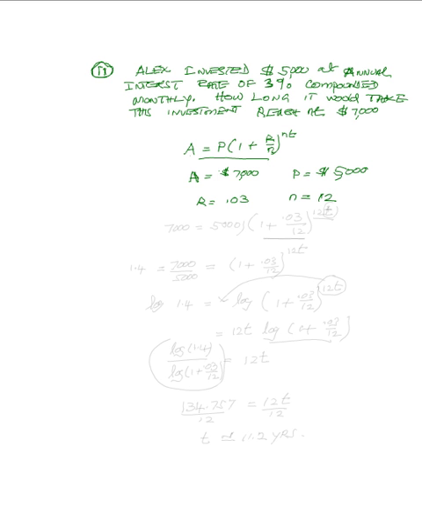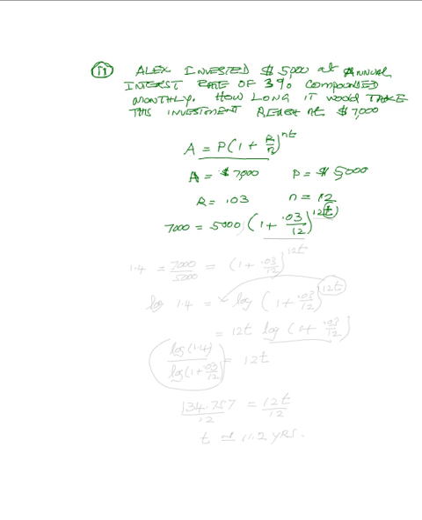So let's plug in those numbers and see what happens. So if you plug in, A as 7,000 equals 5,000 times 1 plus 0.03 divided by 12, to the power 12t. Now, the only unknown, the thing that we would like to solve for, is this t.